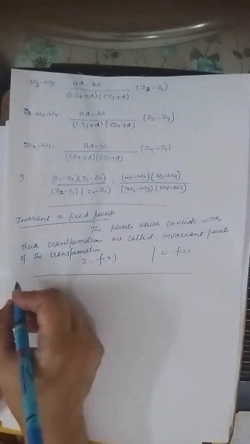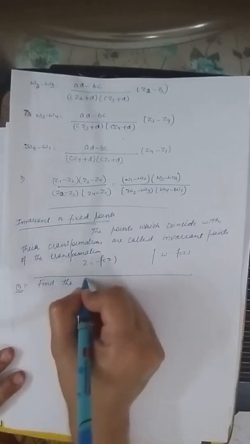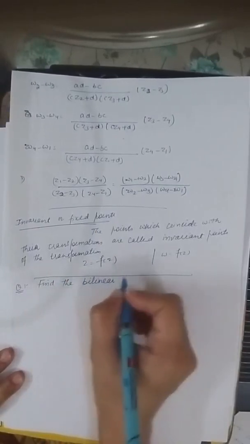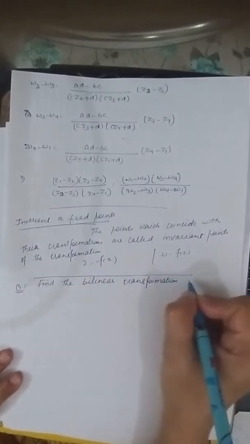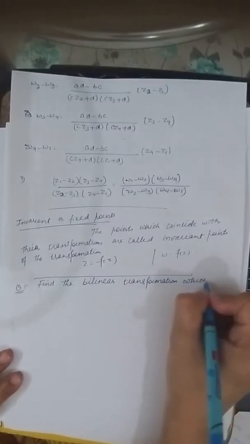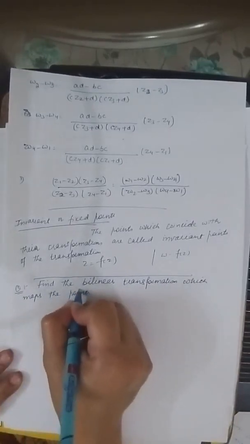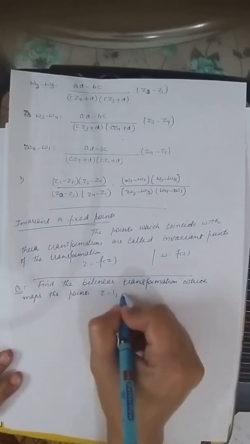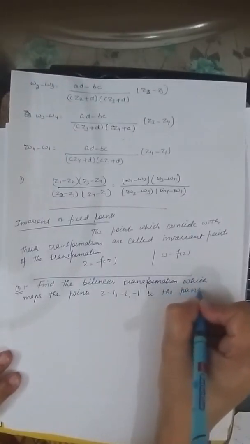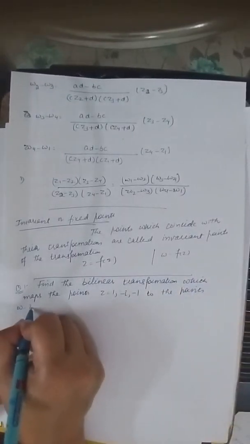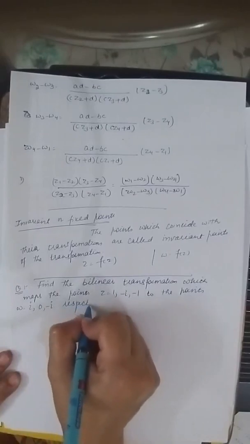First sum is, find the bilinear transformation which maps the points z equal to 1, minus iota, minus 1 to the points w equal to iota, 0, minus iota respectively.